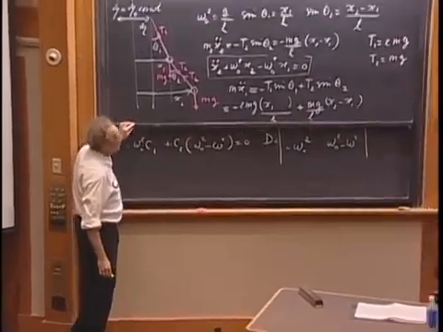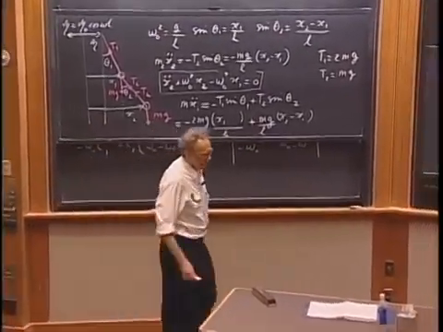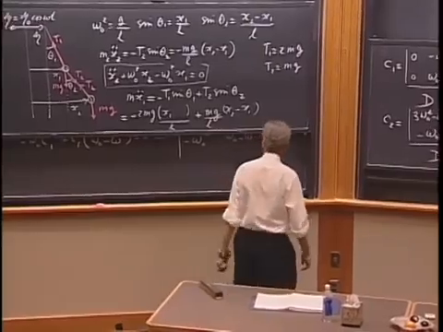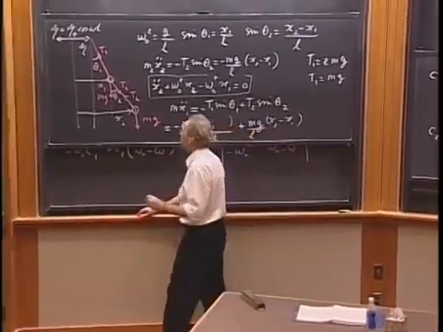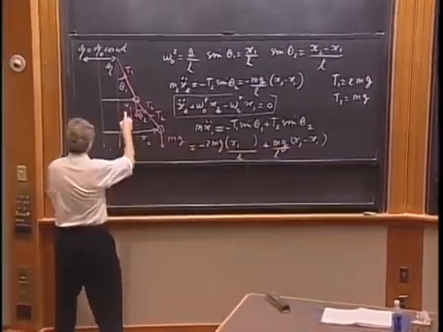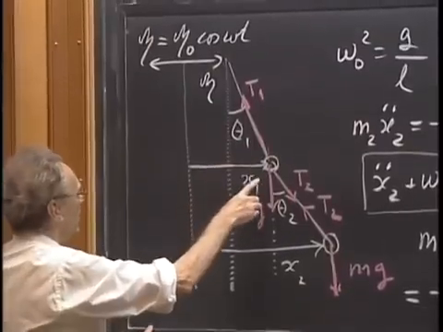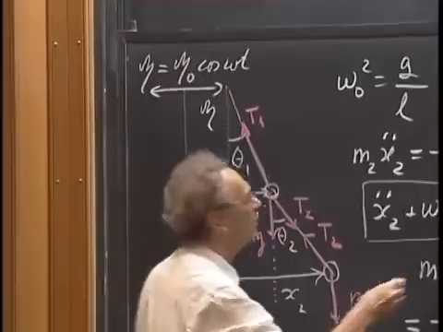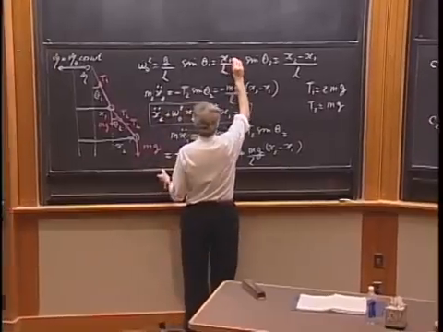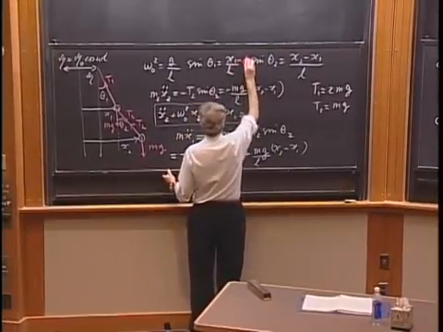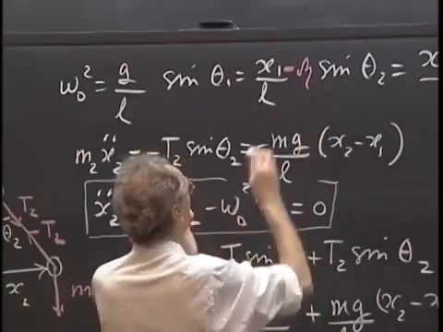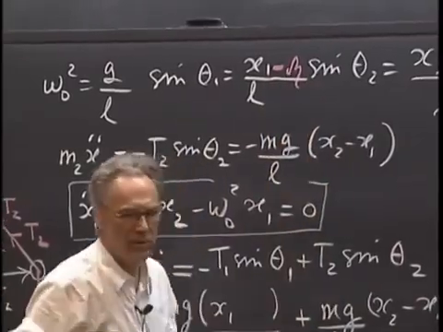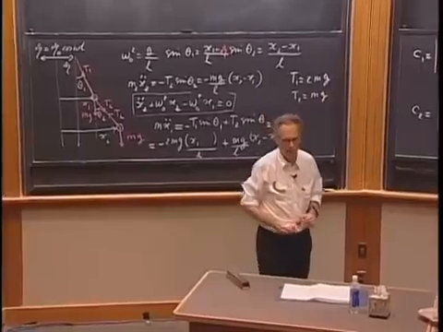What has changed? Well, at first sight, very little has changed. The only thing that has changed now is that the sign of theta 1 is now x1 minus eta divided by L. So I have here a minus eta. It looks rather innocent, but the consequences will be unbelievable.